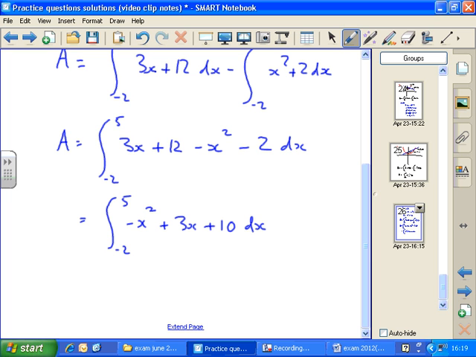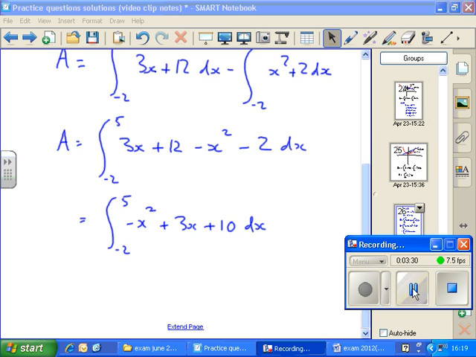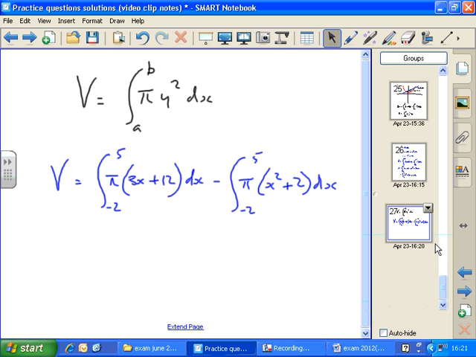Let's have a look now at the volume part of this function. So for this one, we can see there's the general formula for volume, integral pi y squared dx, rotating about the x-axis. So I'm going to find the volume as the line rotates about the x-axis, and then subtract the volume as the curve rotates about the x-axis.